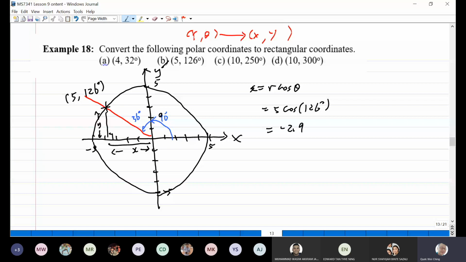And y is positive: y equals r sine theta, equal to 5 times sine 126.